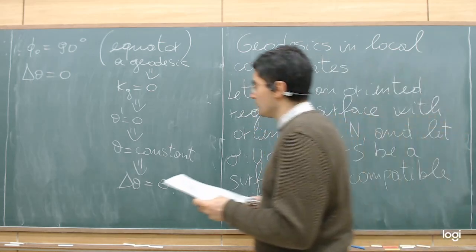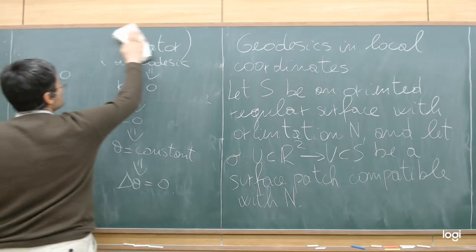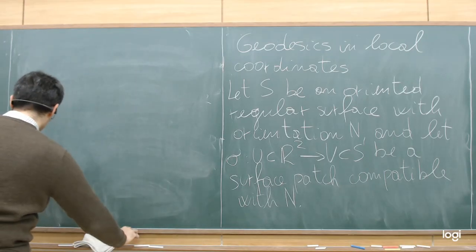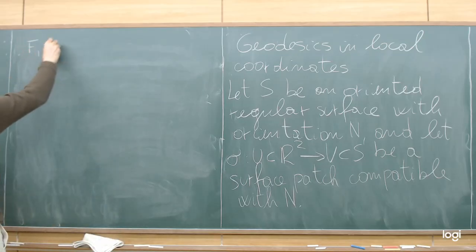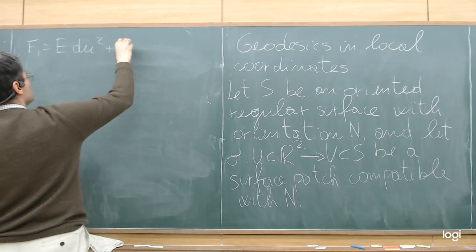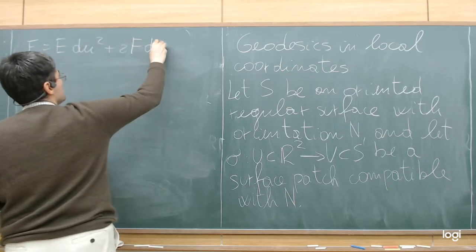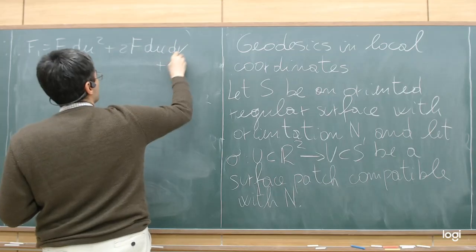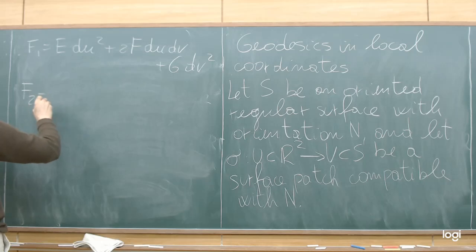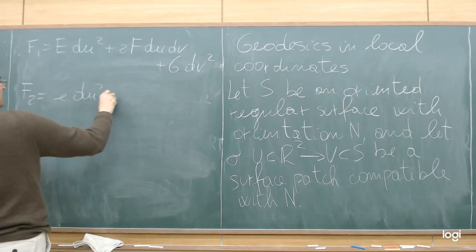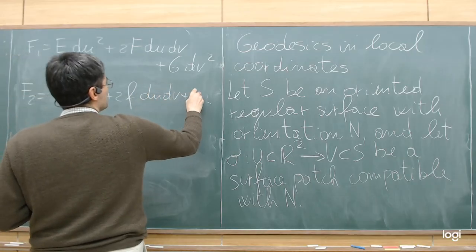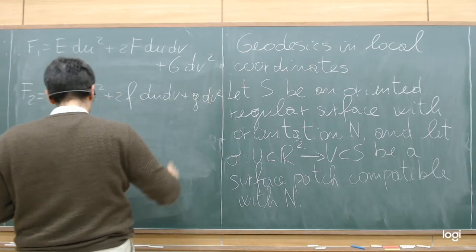And then we already know how the first and second fundamental forms look like. We have F1 equal E du square plus 2F du dv plus G dv square, and F2 given by E du square plus 2F du dv plus G dv square.